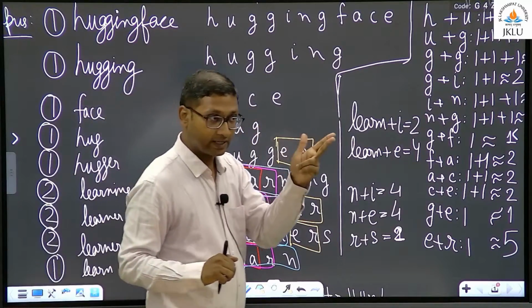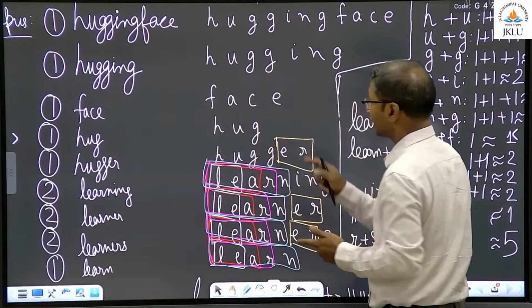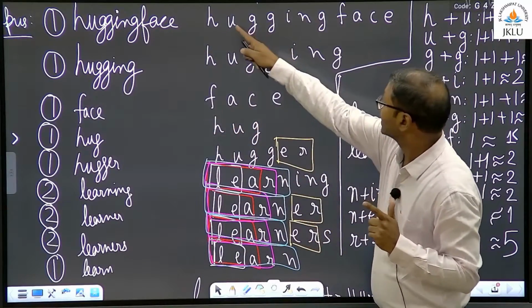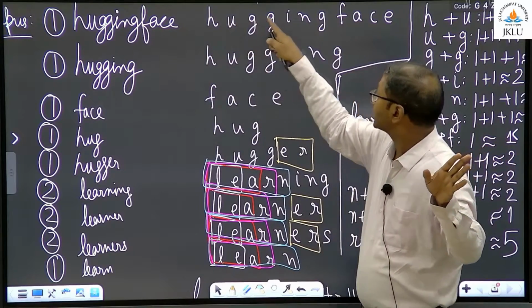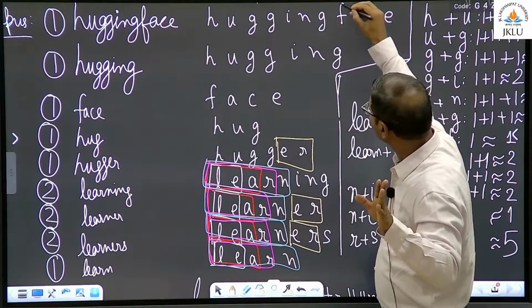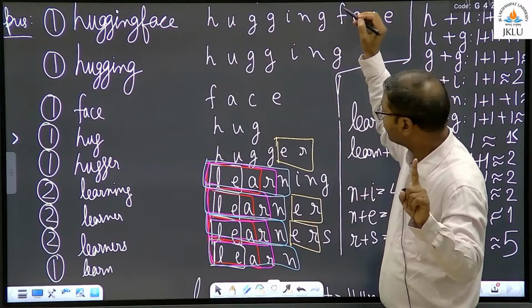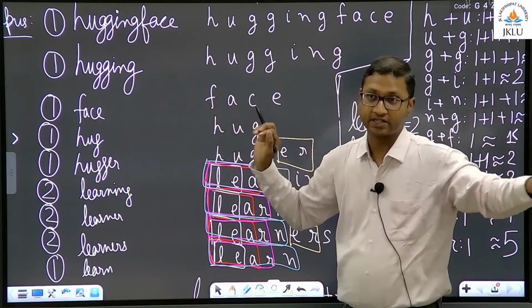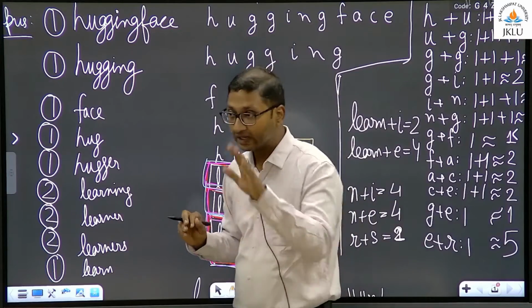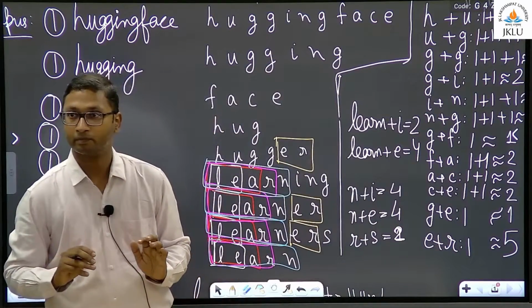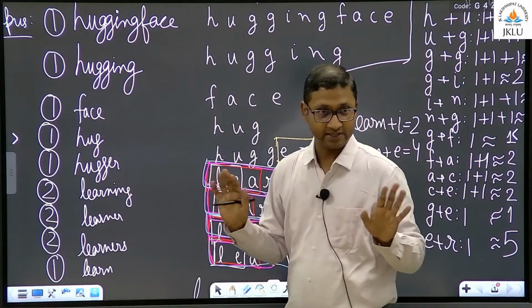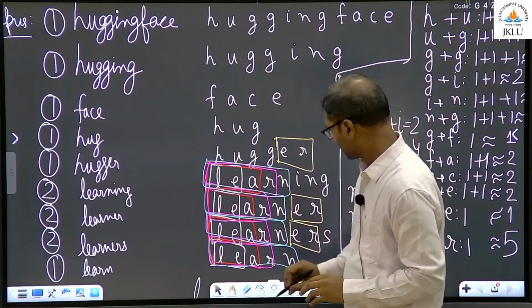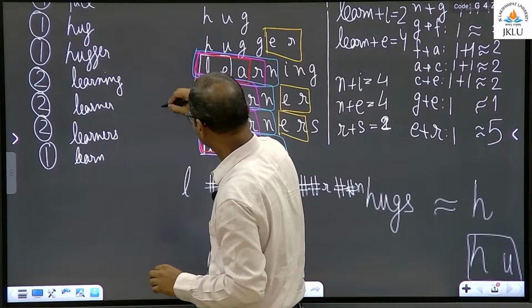Hash hash A, hash hash C, hash hash E. So here you will get hash hash F and here you will get just F, and these two are different. Okay. Make sense? I mean, easy. Okay. So this is what it is.